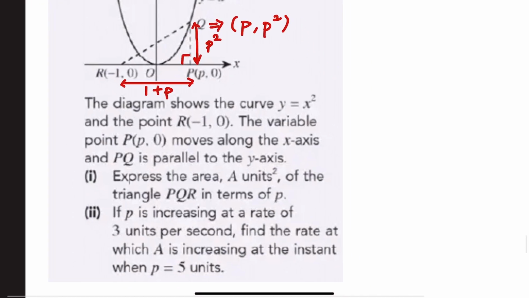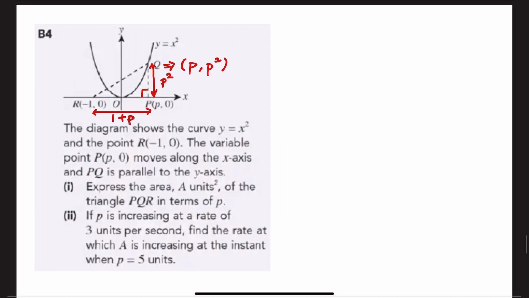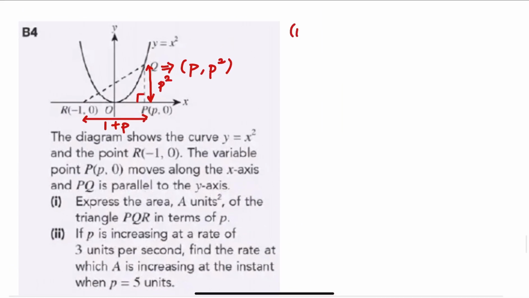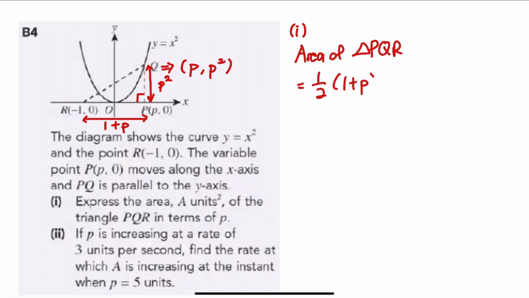So for part 1, very simply, let me draw at the side. Area of triangle PQR is simply half times (1 plus p) times p squared, base times height. I simplify everything, I should get half times (p squared plus p cubed).